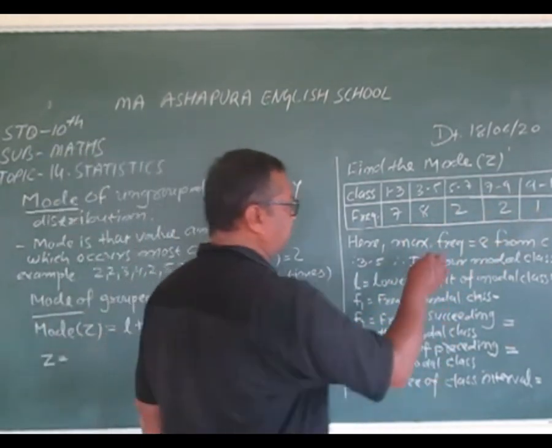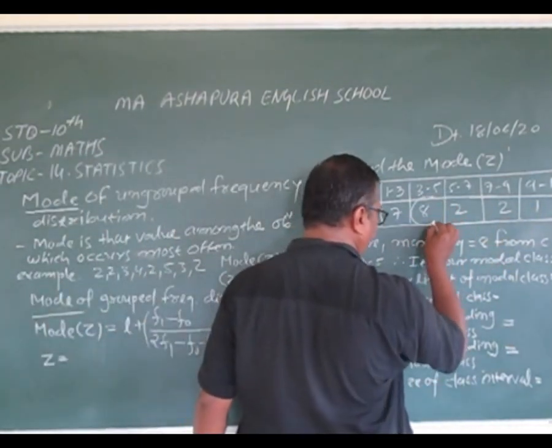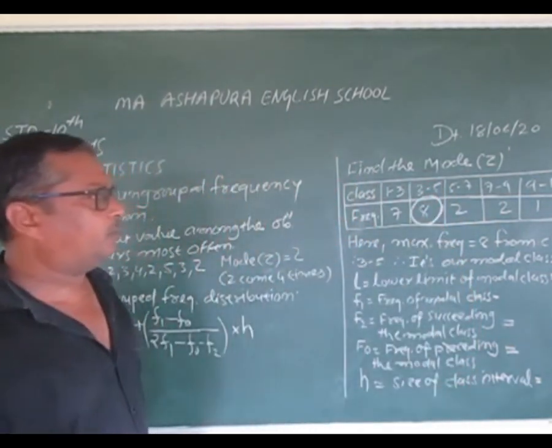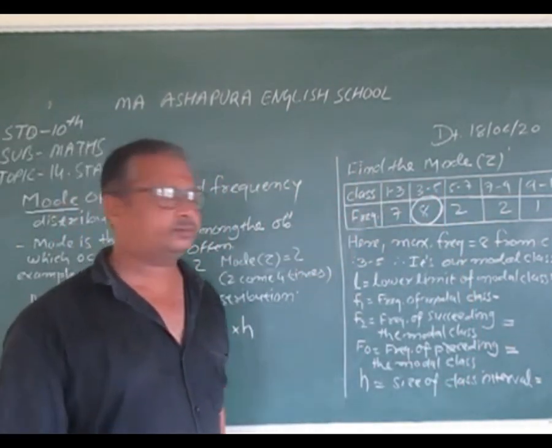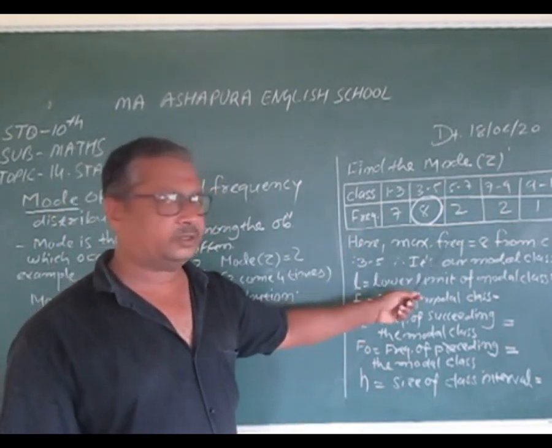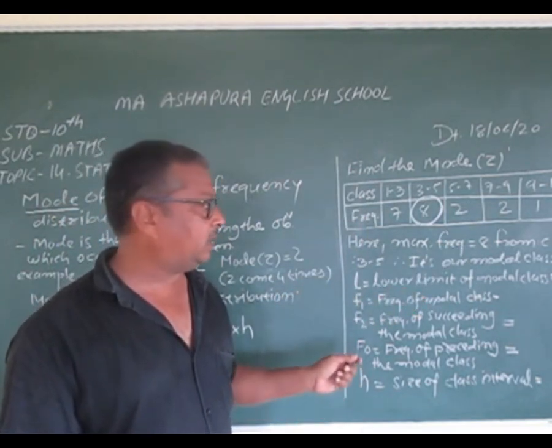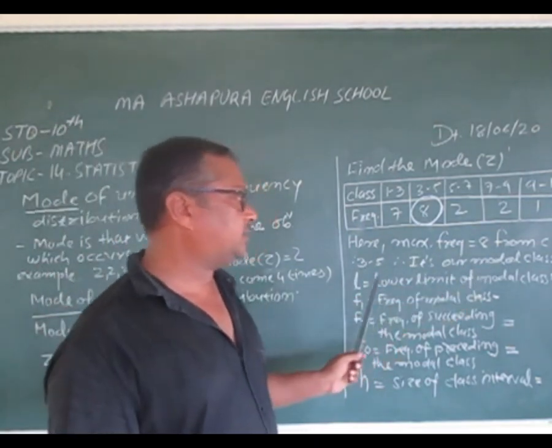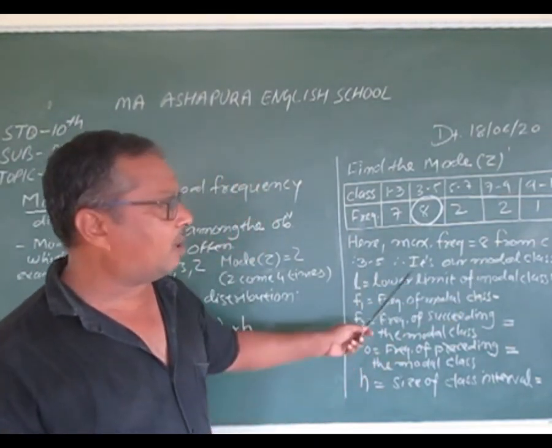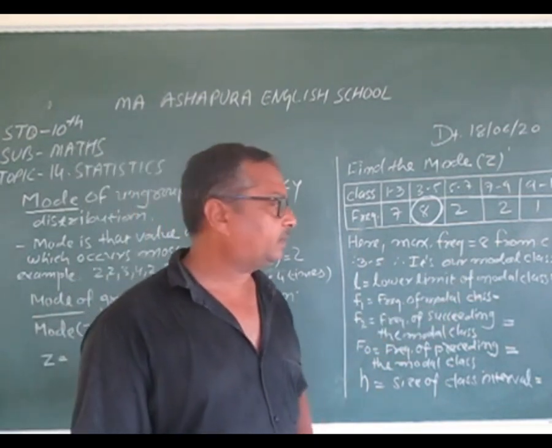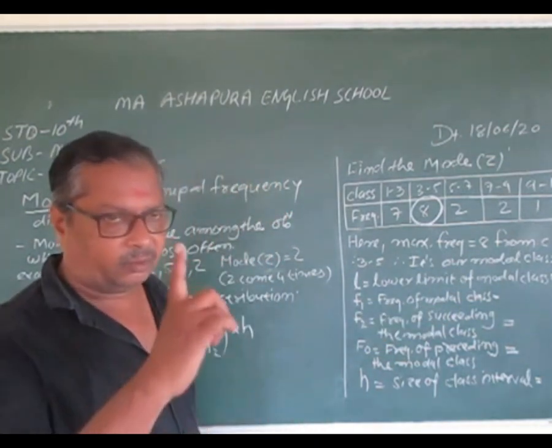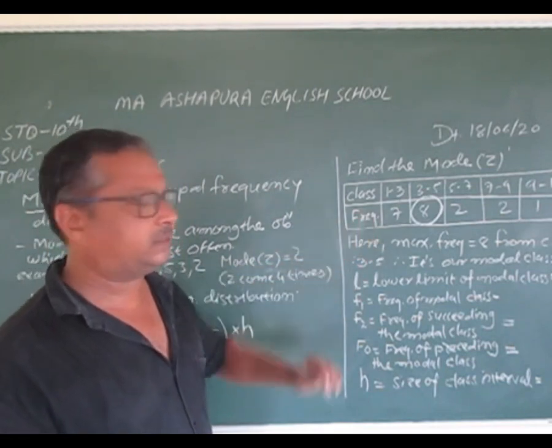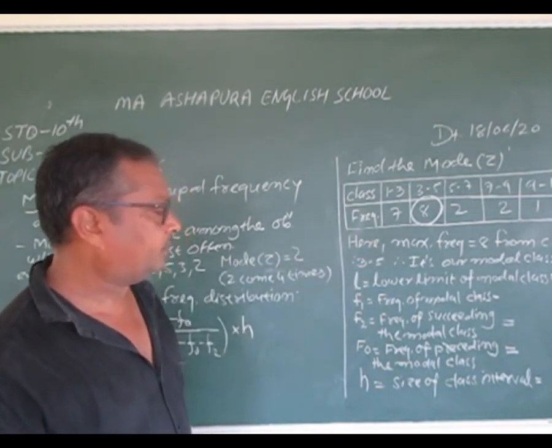Maximum frequency is 8, from the class 3 to 5. First, find out the maximum frequency and from which class. It's called our modal class. So the first step is to find the modal class. Here 8 is the maximum frequency and the modal class is 3 to 5.